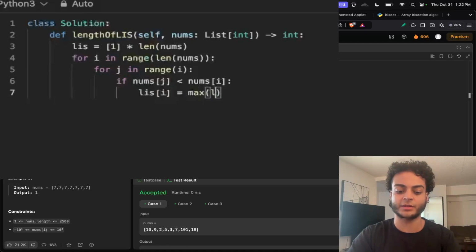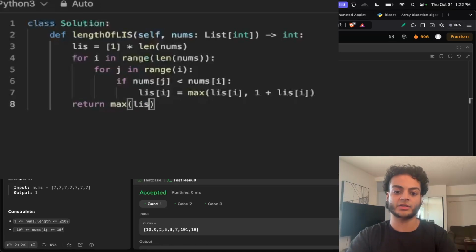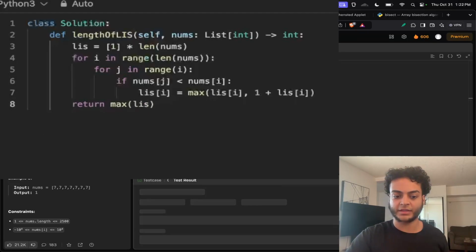So it'll either be its current value or the value of our recurrence, which was 1 plus LIS of j. Once we've done all this iteration, our table will be full, and we can just return the maximum out of all of our options. I think this should be sufficient.